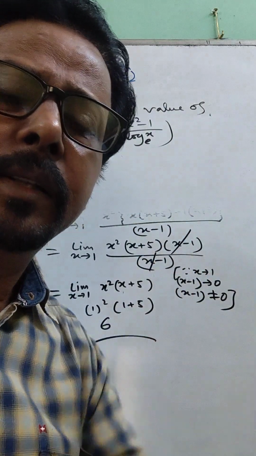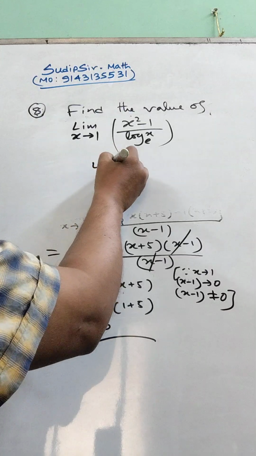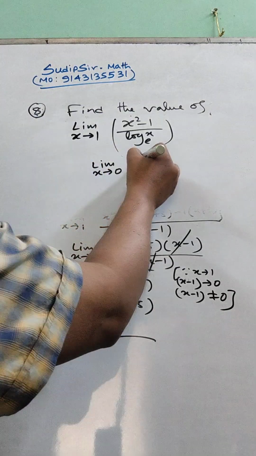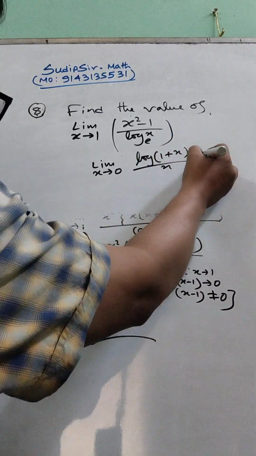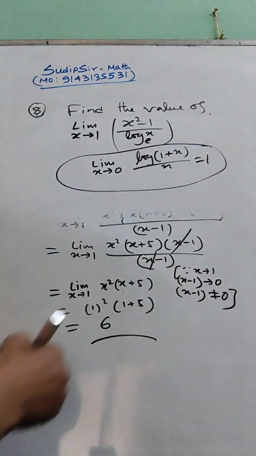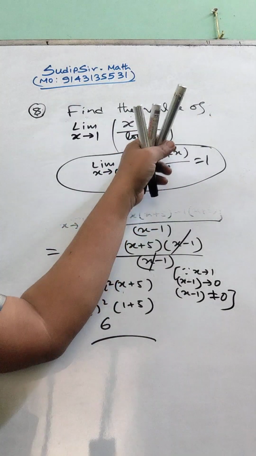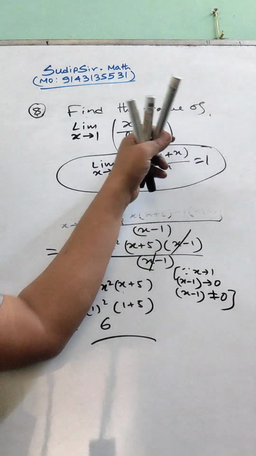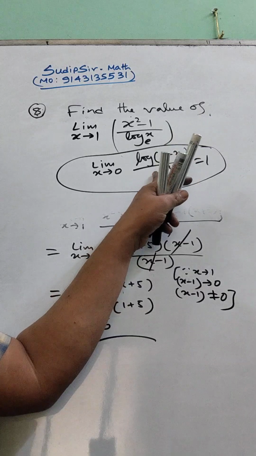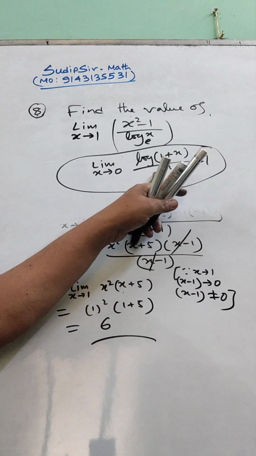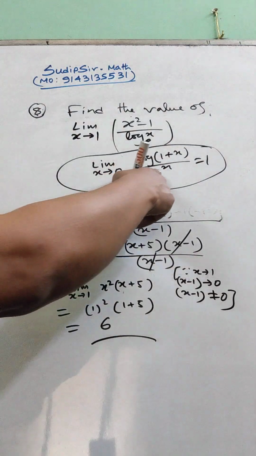Now check, the standard limit for log was like this: limit x tends to 0, log of 1 plus x by x equals 1. So we have to get log of 1 plus x here for the standard limit.